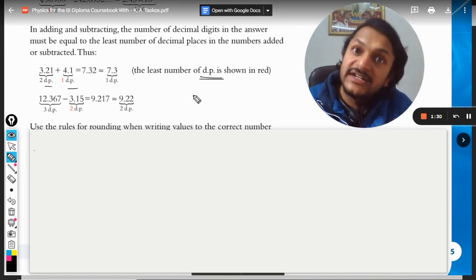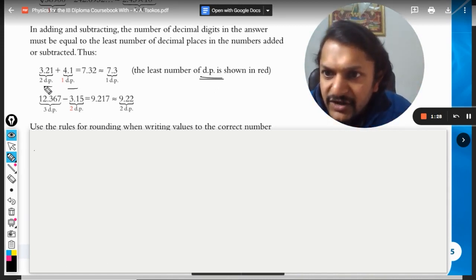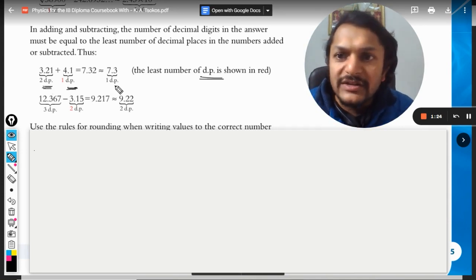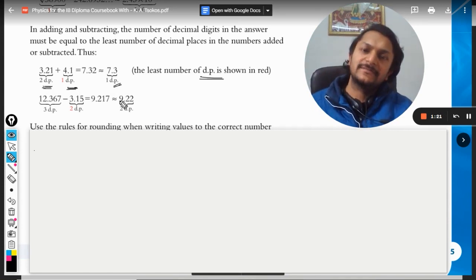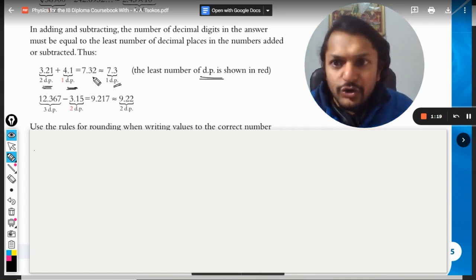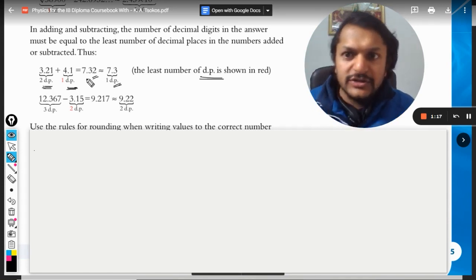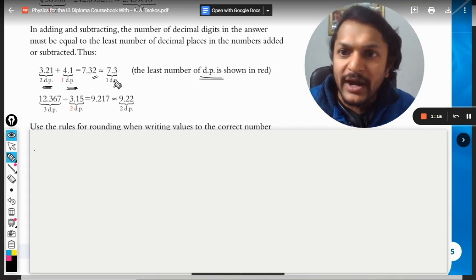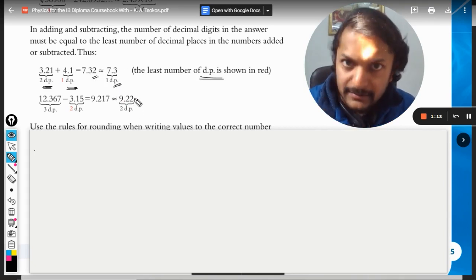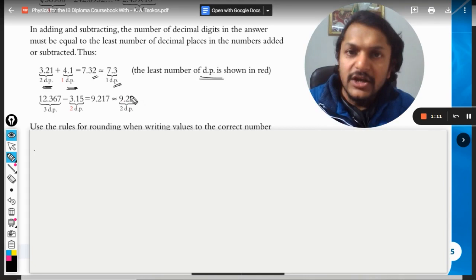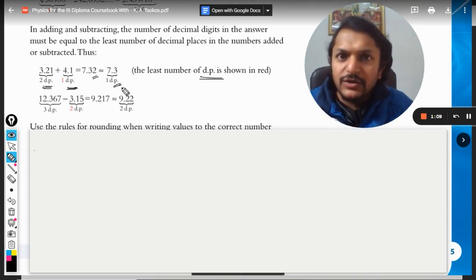We are concerned with the decimals. So this is having two decimal places and this is having only one decimal place. So your answer will have one decimal place. So you have to drop the second one. This 7.32, this 2 is not required. So it will be 7.3. Got it? So we have to report our answer up to one decimal place only.